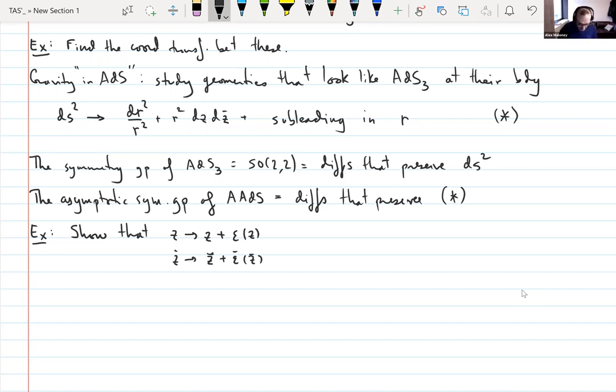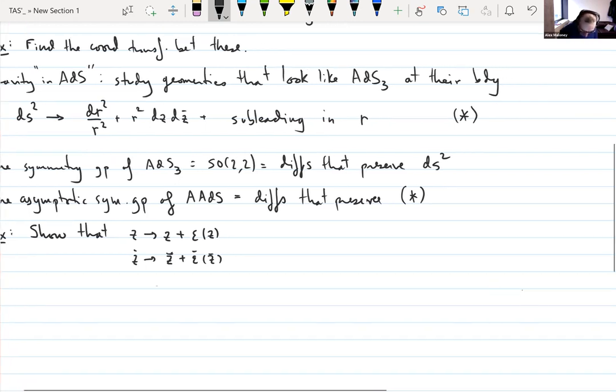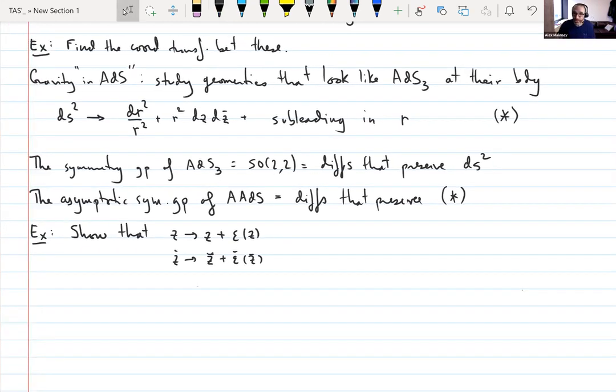So that means that something like a scale transformation will also be a legitimate member of the asymptotic symmetry group. So in particular, you're going to have something like the following. If epsilon is linear in z, then you're going to need to rescale r by some amount that's proportional to epsilon prime.